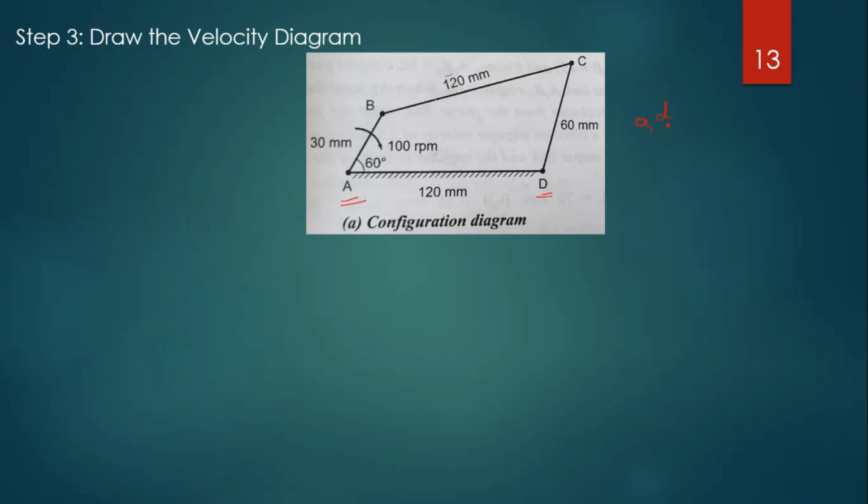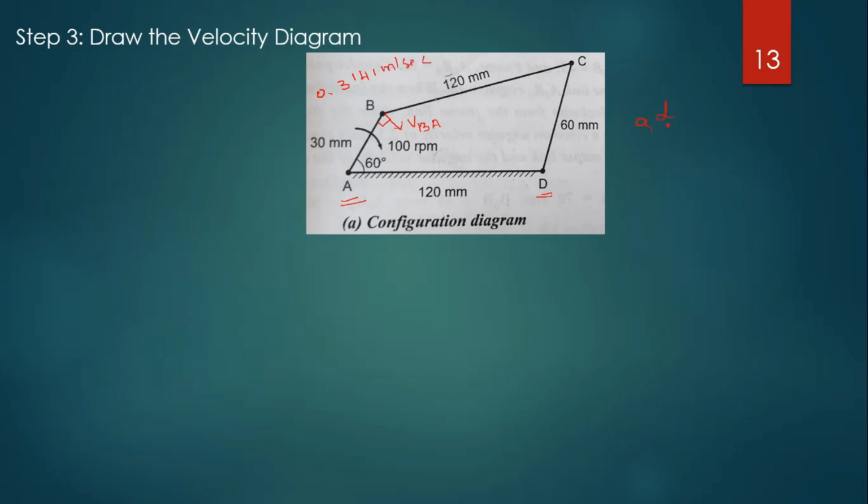Now, we already calculated the velocity of B with respect to A. It is perpendicular to the corresponding link, as already discussed. How much is it? The previous slide value, which is equal to 0.3141 meter per second.